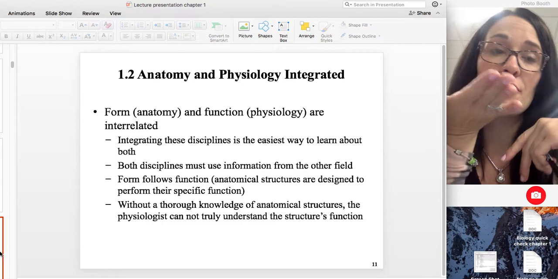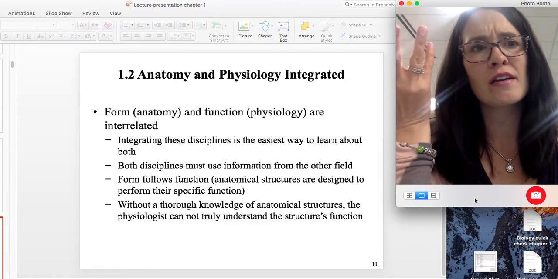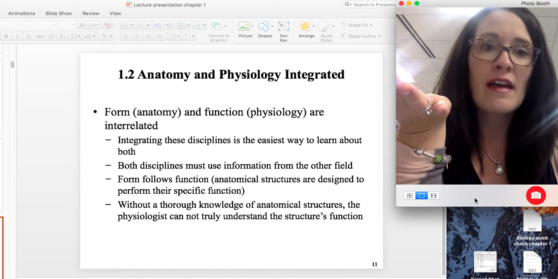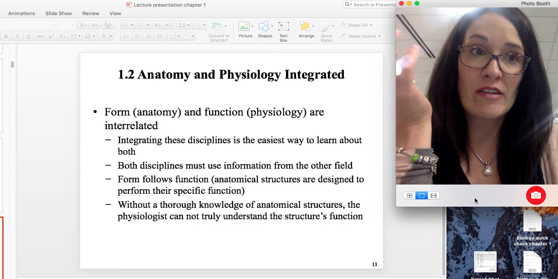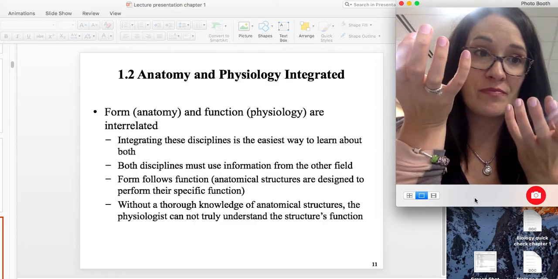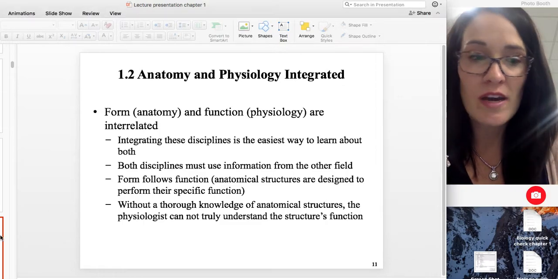So without a thorough knowledge of the anatomy, the names of the parts and where the parts are and how they look, it's harder to understand physiology and how it works, and vice versa. Knowing how it works helps you know this. So that's why they're paired together.